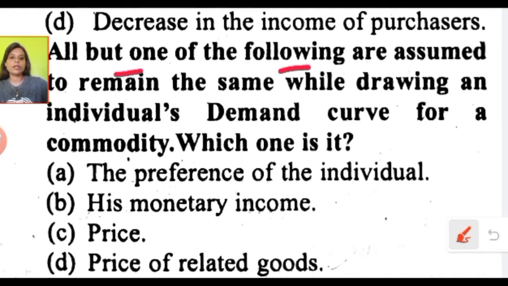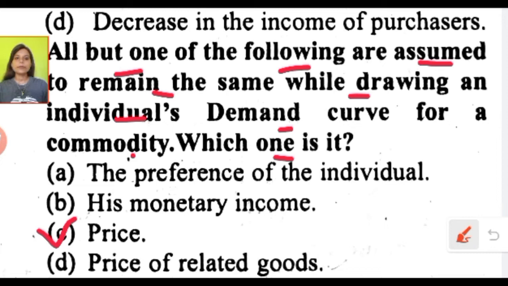All but one of the following are assumed to remain the same while drawing an individual's demand curve for a commodity. So which one is it? Let me tell you, your answer would be number C, that is price will remain constant.